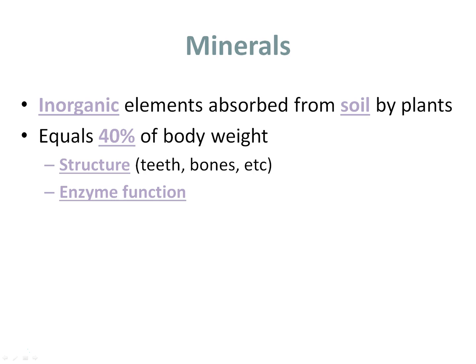They equal about 40% of our body weight, and they're going to be very important in structure. So our teeth, our bones, calcium is one of our important minerals, and also in enzyme function. They function as cofactors. And things like magnesium and iron are important cofactors in enzymes so that we get the enzymes functioning properly.